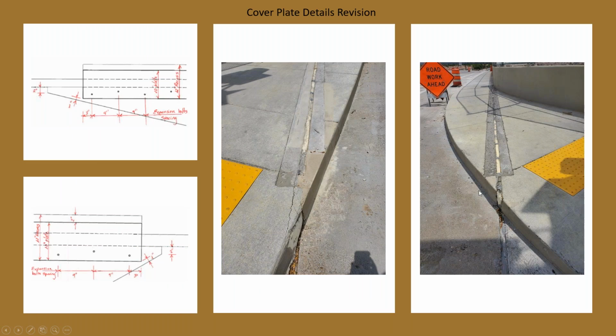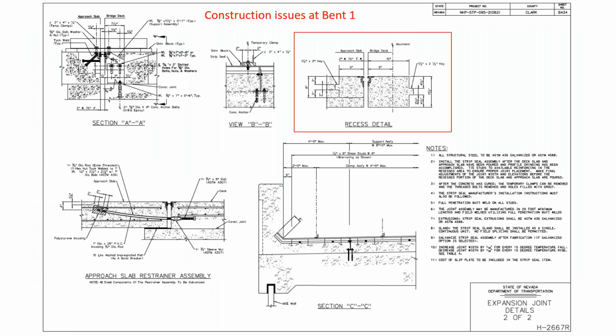Here you can see some details where there were some problems because of the high skew at the joint. We had to revise the details in order to fix these problems. Here we can see the recess detail, at bend 1, where you can see the approach slab and the bridge.